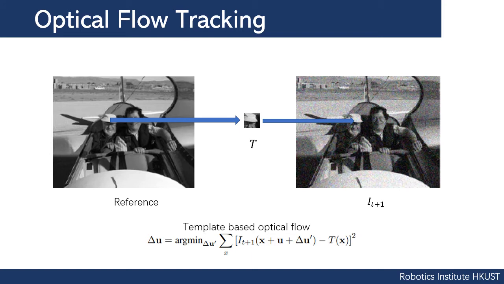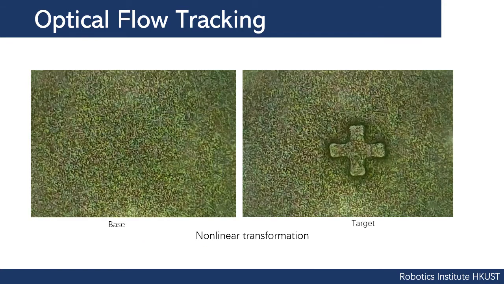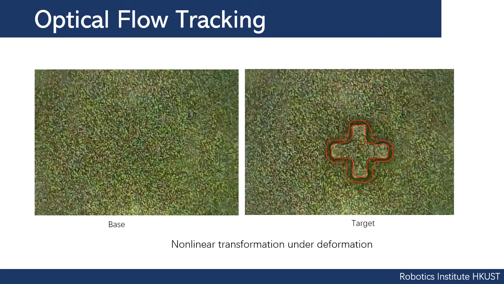It essentially calculates a translation vector UV for the template image to translate into the target image. However, when the sensor gel deforms, it undergoes a nonlinear transformation. For example, we can see when the contact is made using this cross, the peripheral regions, which are enclosed by the red curve, undergo illumination changes, and the patches are also different.